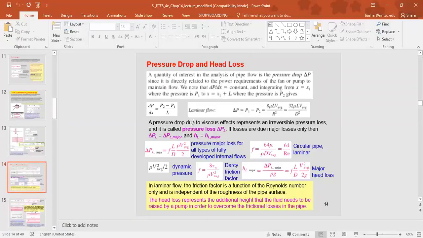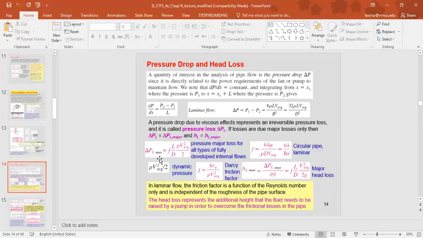The pressure drop is given through this equation, and it's considered the major pressure drop. Major is due to the friction. Those slides are modified to distinguish between the major and the minor.